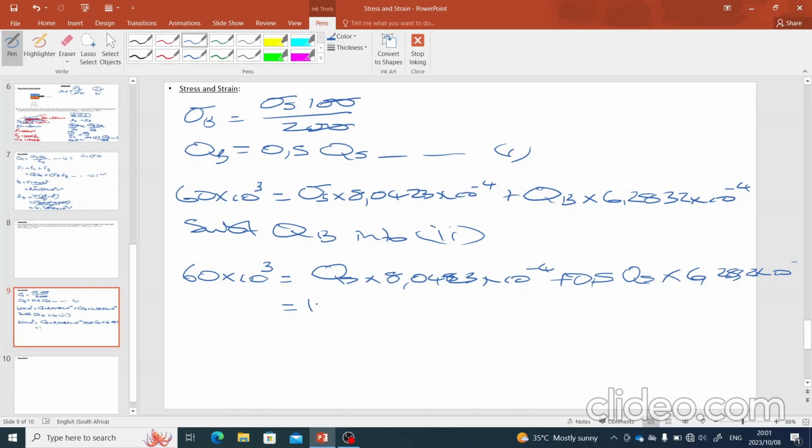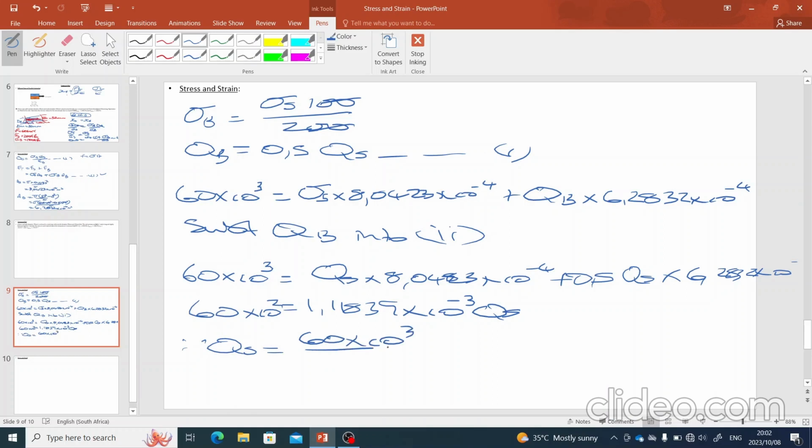I got my answer as 1.11839 times 10 to the power negative 3 stress steel equals 60 times 10 to the power 3. Therefore, stress steel would be 60 times 10 to the power 3 divided by 1.11839 times 10 to the power negative 3. Then I got my stress steel as 53.64 megapascal.